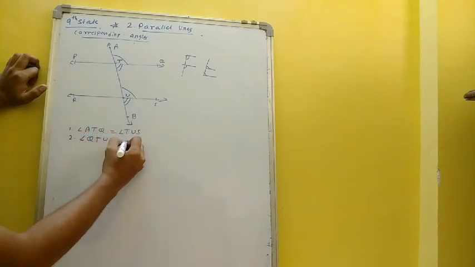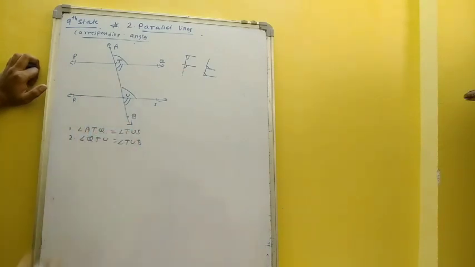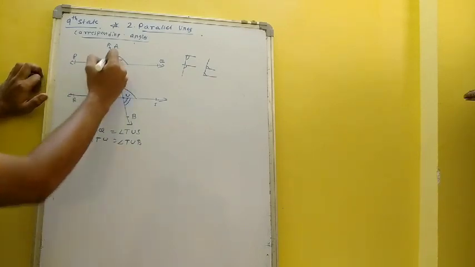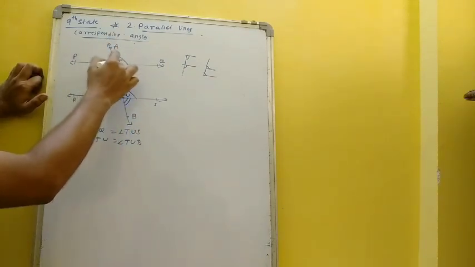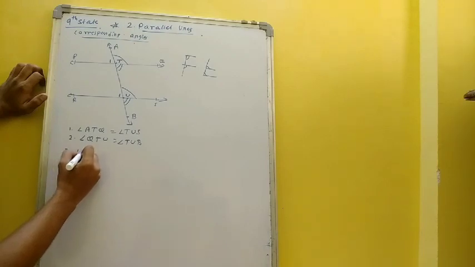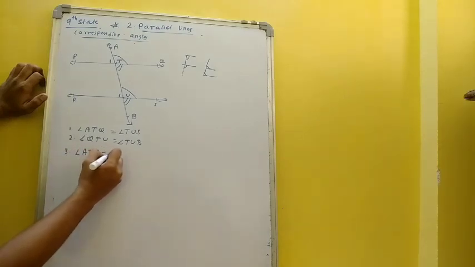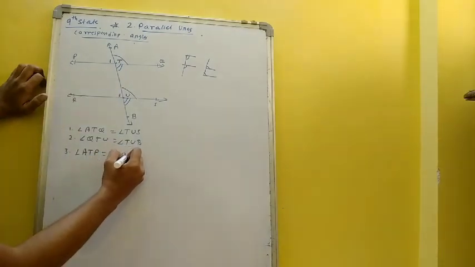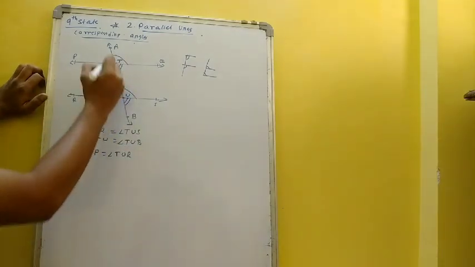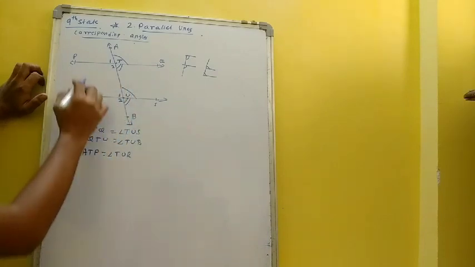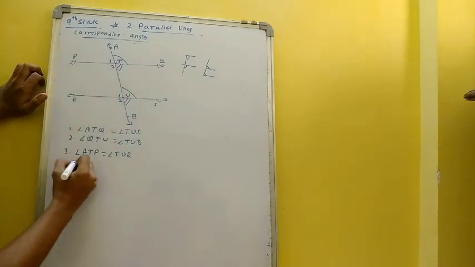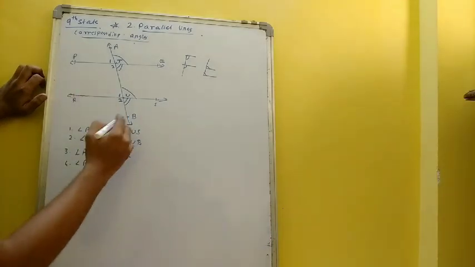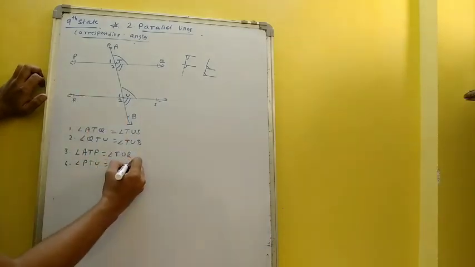Now this side, angle ATP is equal to angle TUR, and the below one, angle PTU is equal to angle RUB.